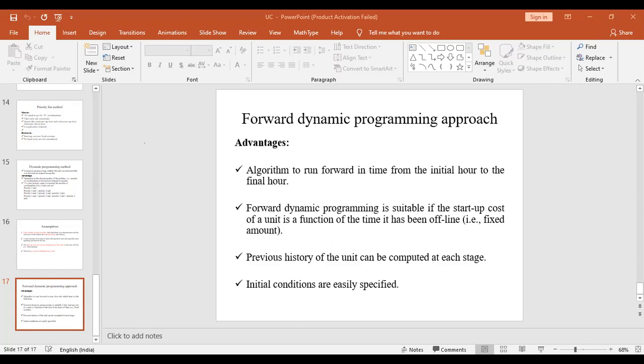Now coming to the input output characteristics. The input output characteristic is a simple graph plotted with the power output on the x-axis and the fuel input on the y-axis.